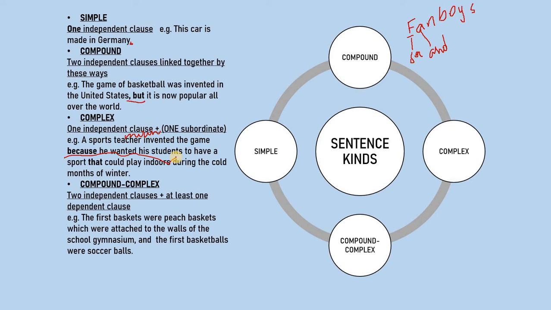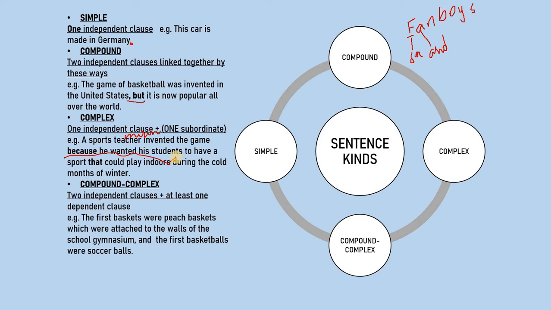So this is dependent, subordinate to the independent clause, to the main clause. It is part of it. It completes its meaning. So this is the complex kind of sentence.